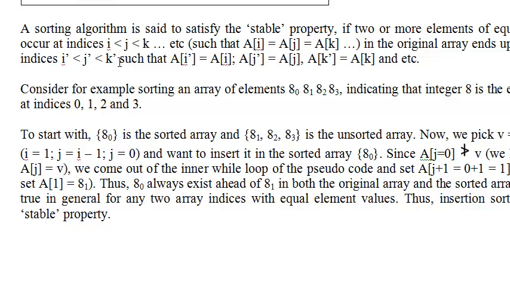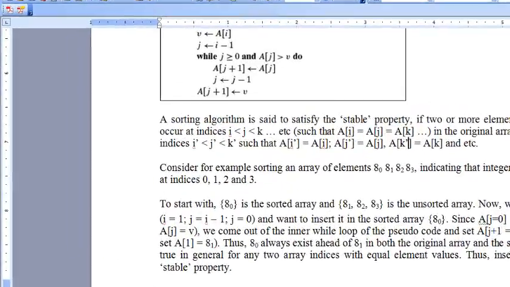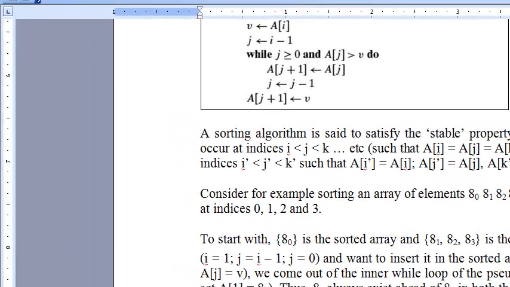I prime is less than j prime less than k prime. Which means insertion sort does satisfy the stable property. Not all algorithms will satisfy the stable property, but insertion sort does. Okay, all right, thank you.